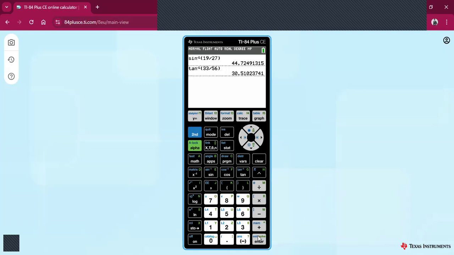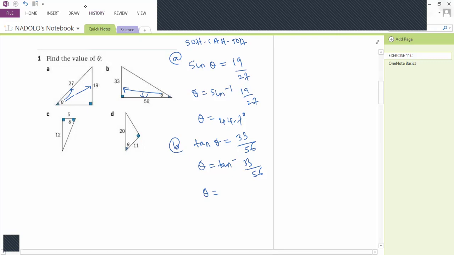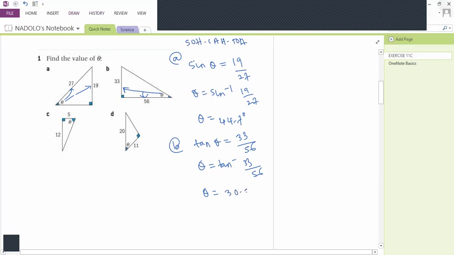So if you put this in, you'll get 30.5102371. With 3 significant figures, that is 30.5 as your answer. So you're going to write 30.5. Theta is 30.5 degrees. Okay, part C.